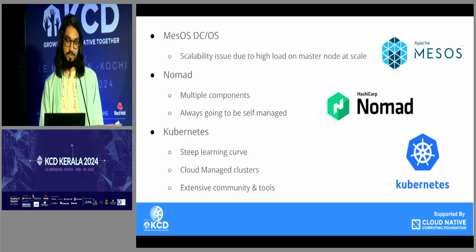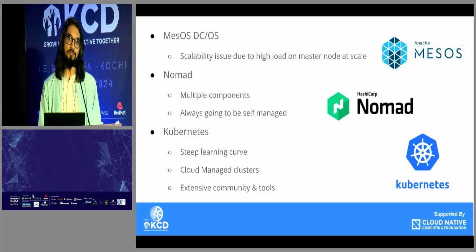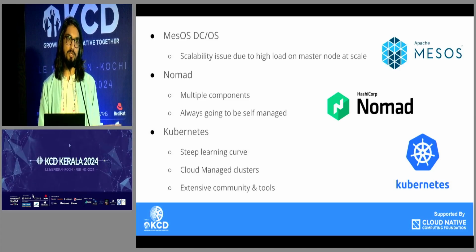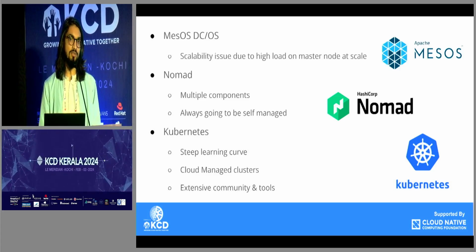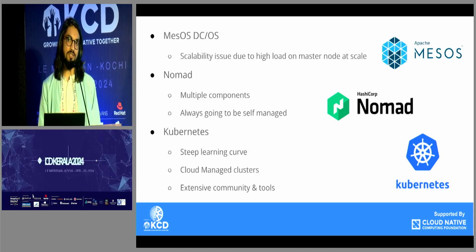It has one issue: if you have just one master and it goes down, you won't be able to scale it, you won't be able to deploy new things, but your slaves would still be intact.